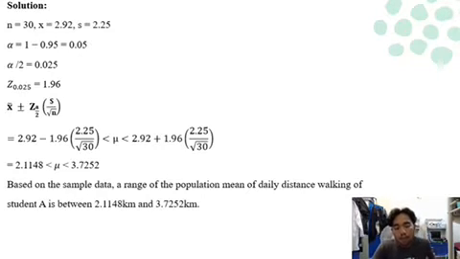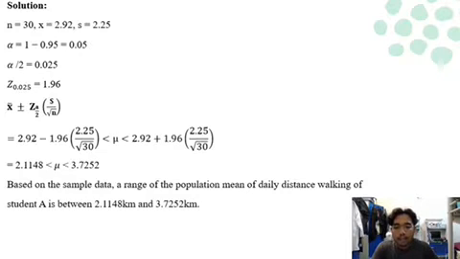The value of x bar 2.92 plus minus 1.96 and the standard deviation 2.25 over the square root of n, which is 30 days.